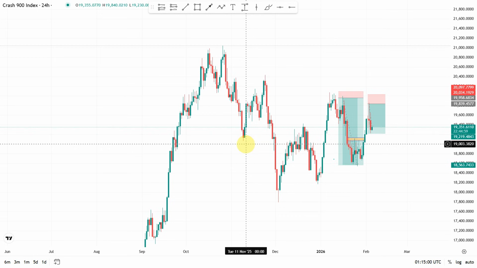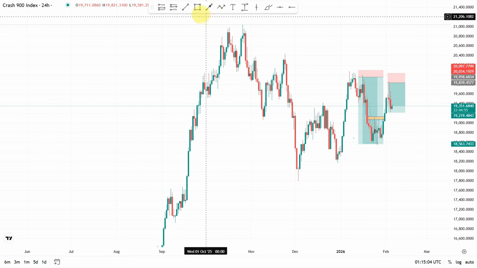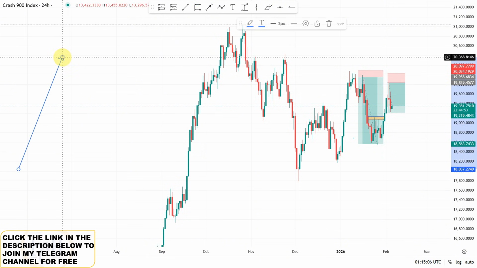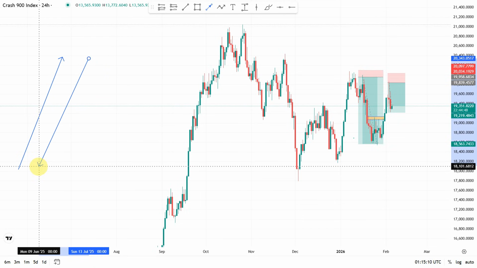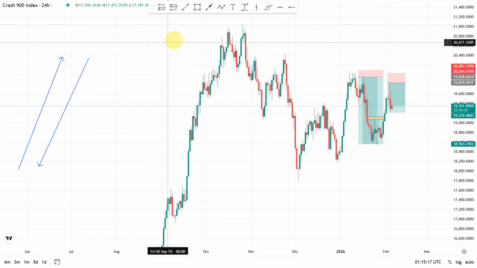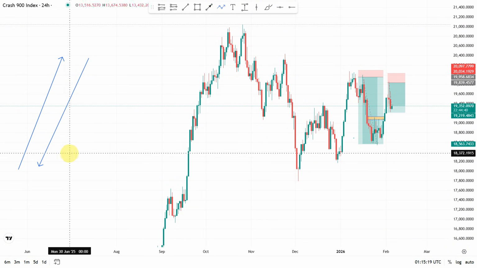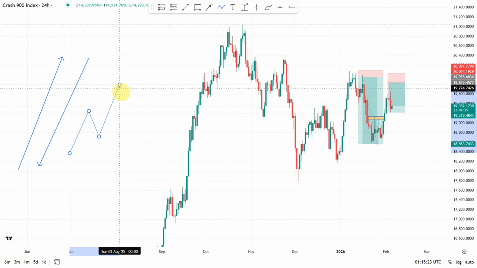So when I say the overall direction or the overall bias, I just mean you have to look if the market is moving in an uptrend direction or if the market is moving in a downtrend direction. As simple as that. And then you have to understand how the market moves in either of the directions. Starting with the uptrend direction, you have to know that the market has to always move in a series of higher highs and higher lows.